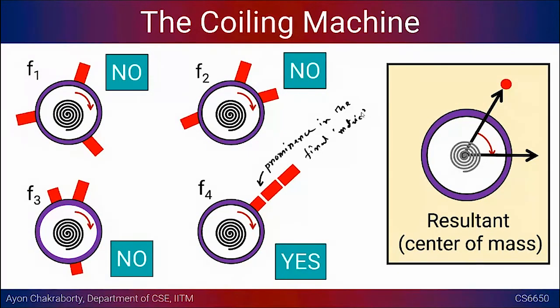Let's say we want to get some kind of a metric, which I call on the right hand side a resultant, or a center of mass. It could be a close approximation to what we are aiming at, and this could assign some kind of a weight to f4, or the metric that we are talking about. So in the last class, we wanted to assign some wi to every fi, right?